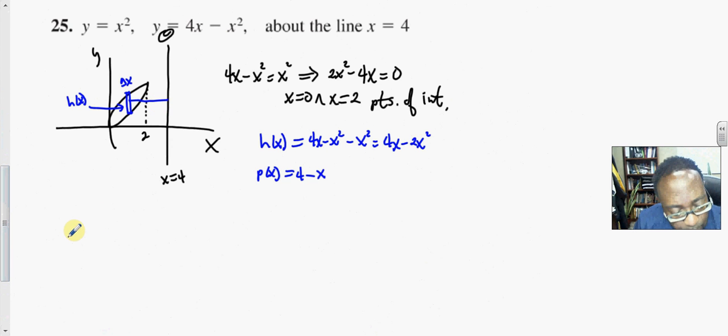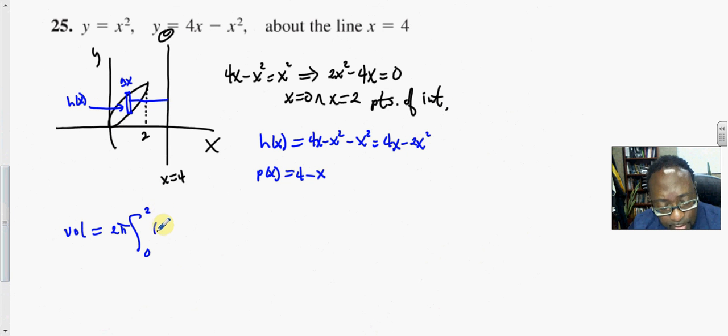So the neat thing about the shell method is that it takes the washer piece into consideration automatically. So here this is 2 pi times the integral from 0 to 2. P of x is 4 minus x, and h of x is 4x minus 2x squared.